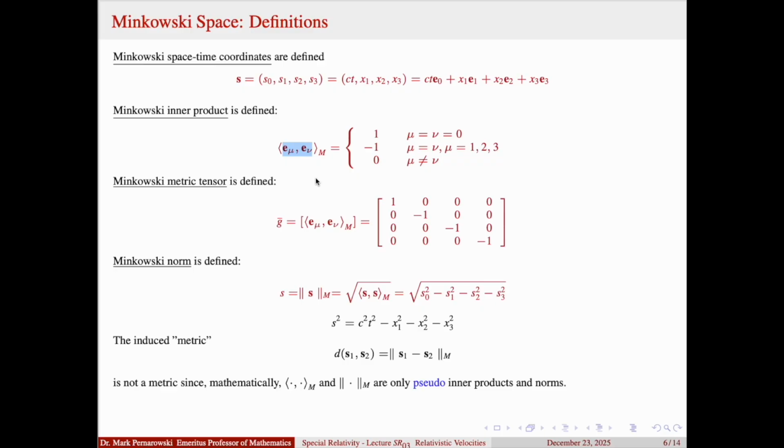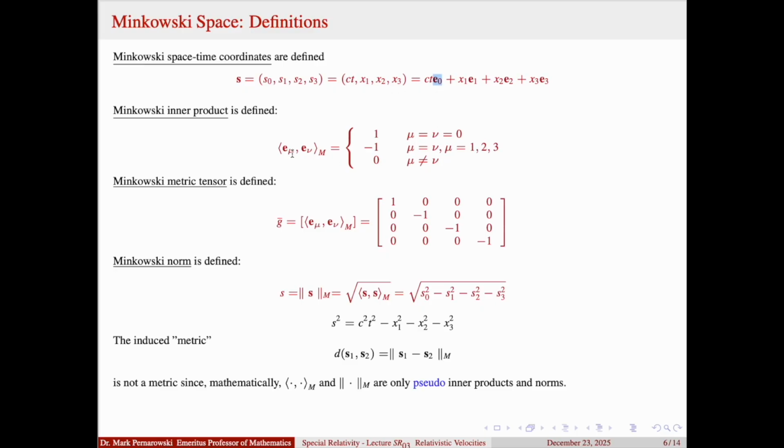In Minkowski space, the inner product of the basis vectors is defined in the following way: if I take two like basis vectors and I inner product them, they're one only if I'm taking E naught with E naught.